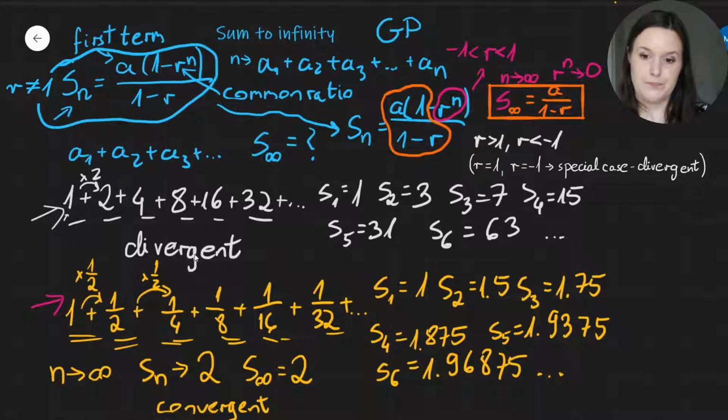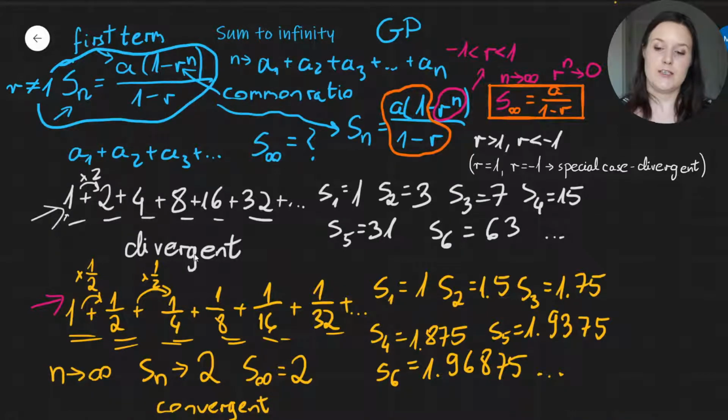So r to the power of n doesn't tend to 0, and these series with r greater than 1 or smaller than minus 1 will be divergent. So the sum to infinity will not exist, and we just say that the series is divergent, and we don't calculate the sum to infinity. So that's all you have to know for now.